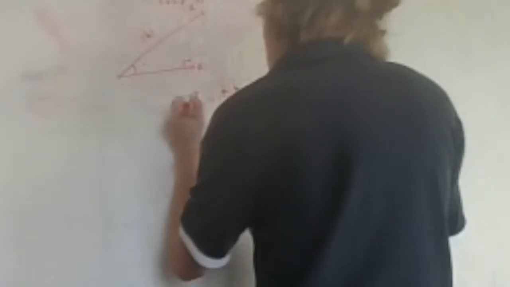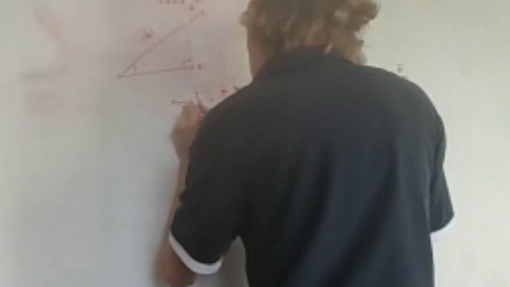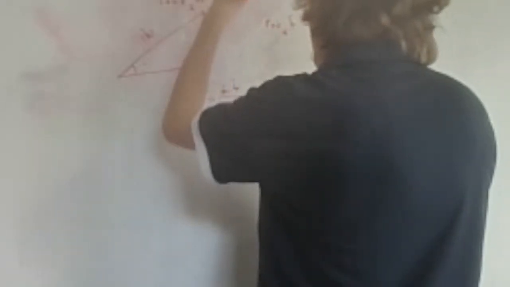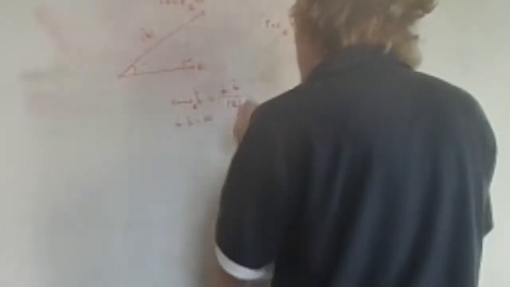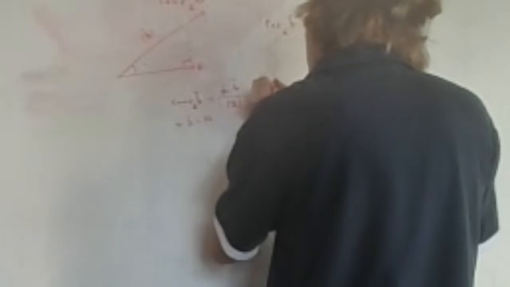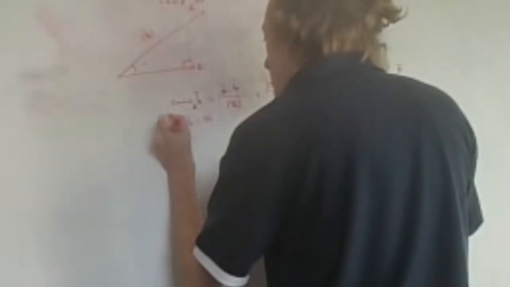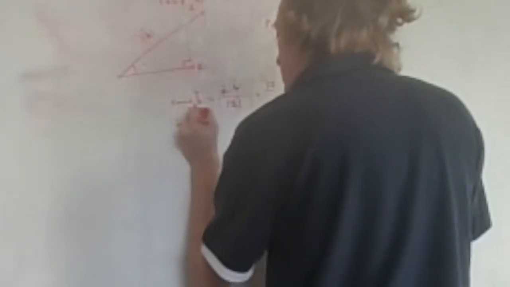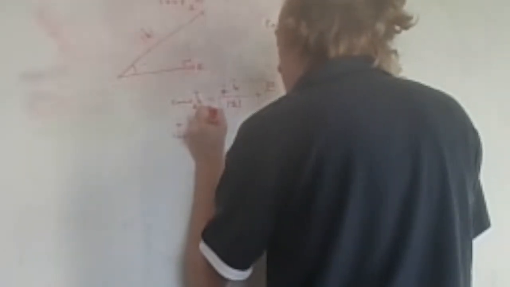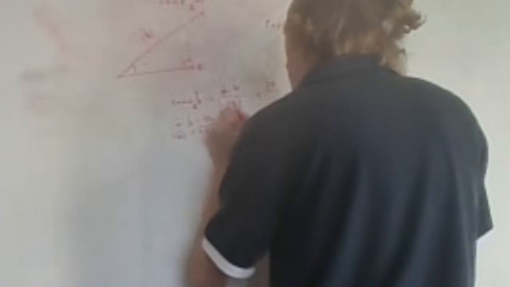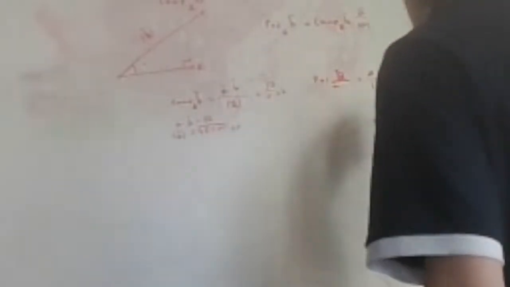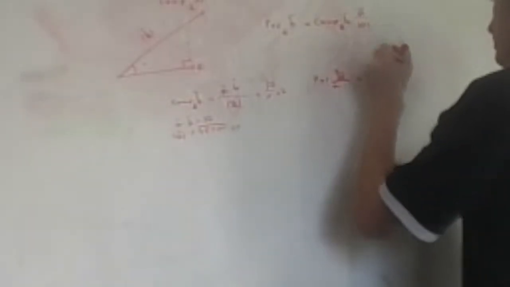So A dot B is going to be equal to 6 plus 4, which is 10. And then the magnitude of A is going to be equal to 5. I was going to write the square root of 3 squared plus 4 squared, which is 25, which is equal to 5. So this is going to be 10 over 5, which is 2. And so here, we already know this bit is 2.